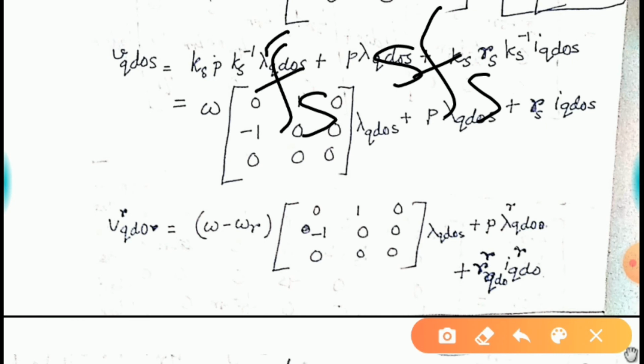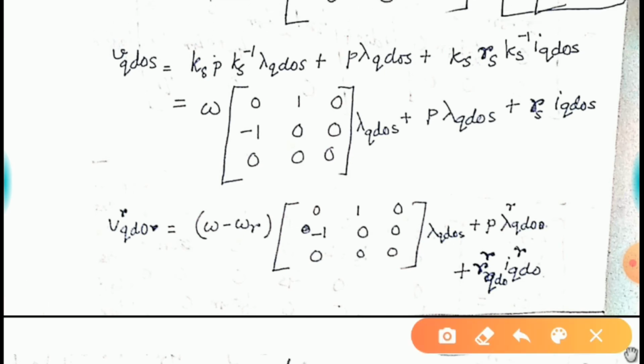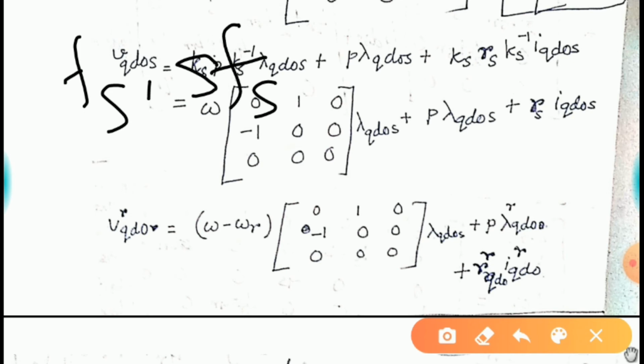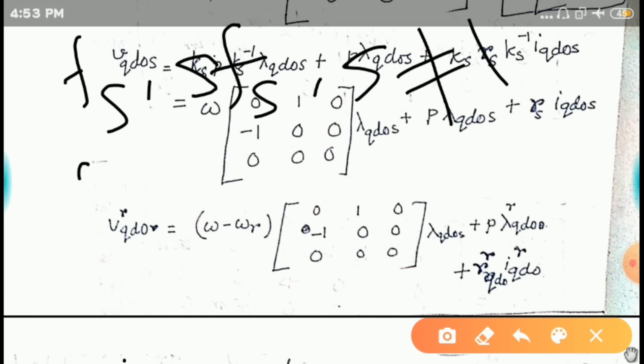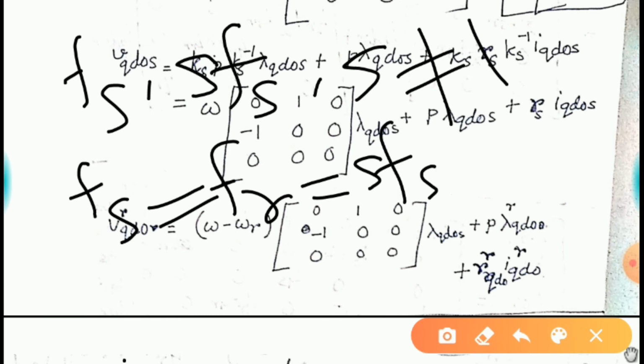As long as your rotor is rotating, this S is never equal to 1. So Fs is not equal to Fr, not equal to SFS. Fr is the rotor electrical frequency.